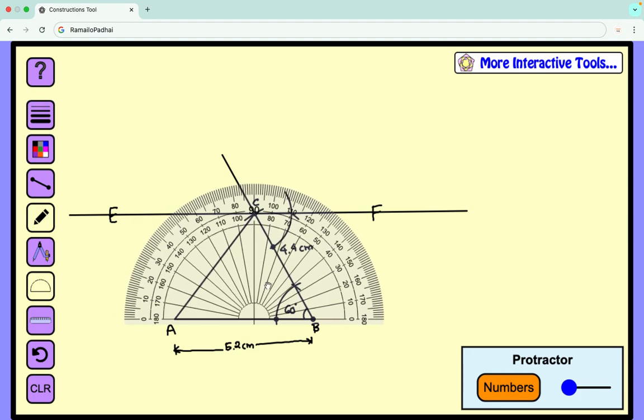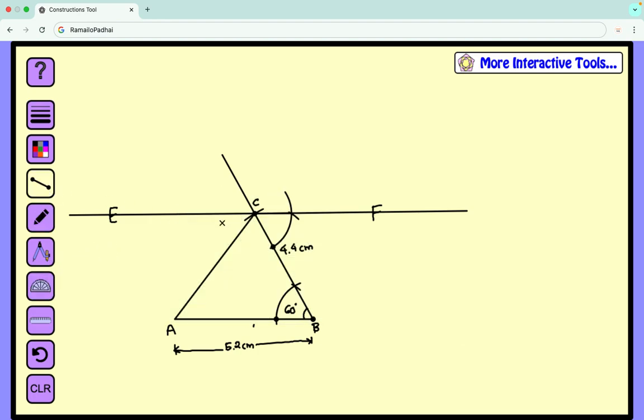So it will be somewhat here. Okay, so we will mark something. We marked there and we will join C to O. This will be O and this will be 90 degree as we have already measured.